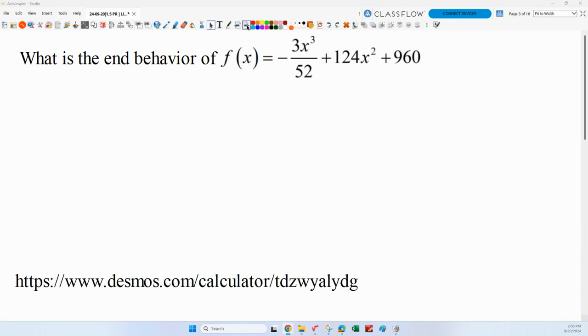Given that way of thinking, well, this isn't really a rational function, but what is the end behavior of this function? If I zoom way the heck out, what is this graph going to look like? Well, constant? Negative 3 over 52 is just a number.